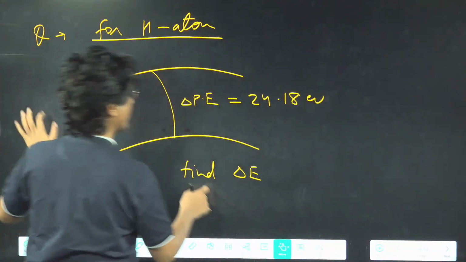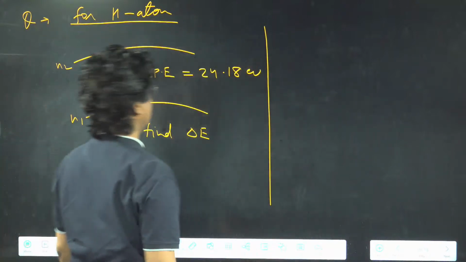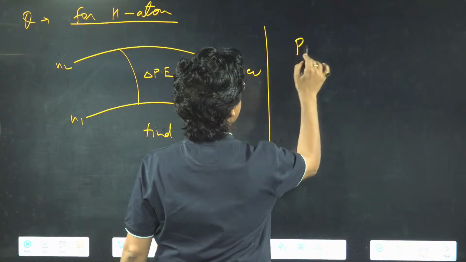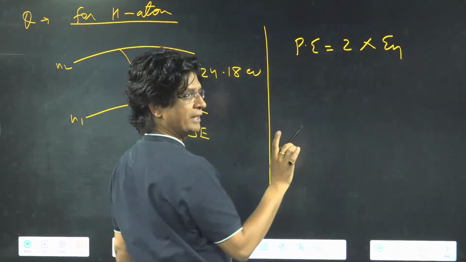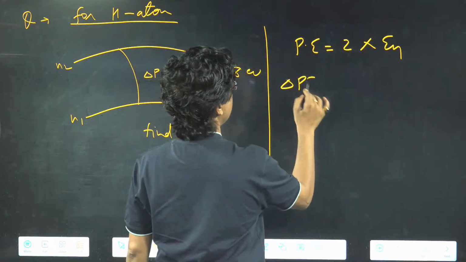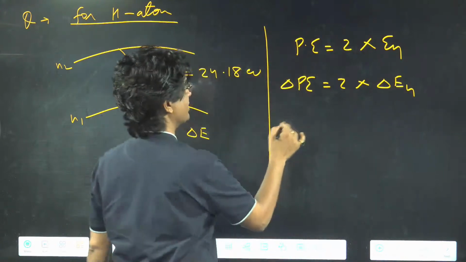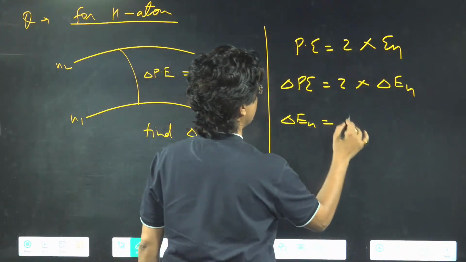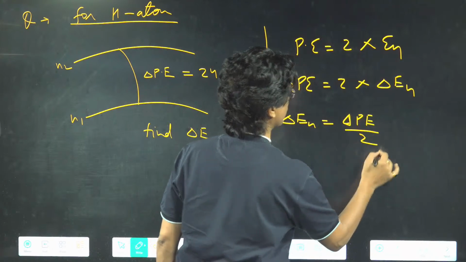See, if you remember, I told you that potential energy is twice of total energy. Are you getting it? That means delta PE will also be twice of delta En, or I can say delta En will be delta PE by 2.